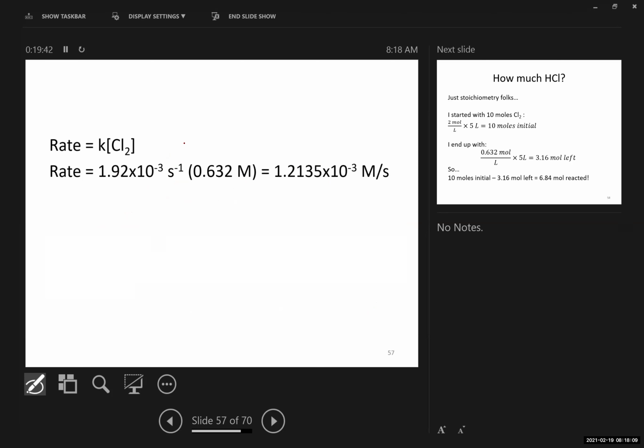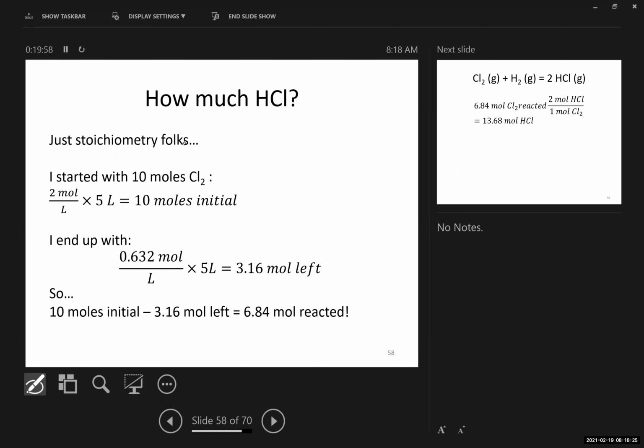And K should still be the same as long as the temperature didn't change. So the rate is just K times however much chlorine is left. The HCl I can get from the chlorine, but not technically the 0.632. It's not how much chlorine I have, it's how much chlorine reacted.